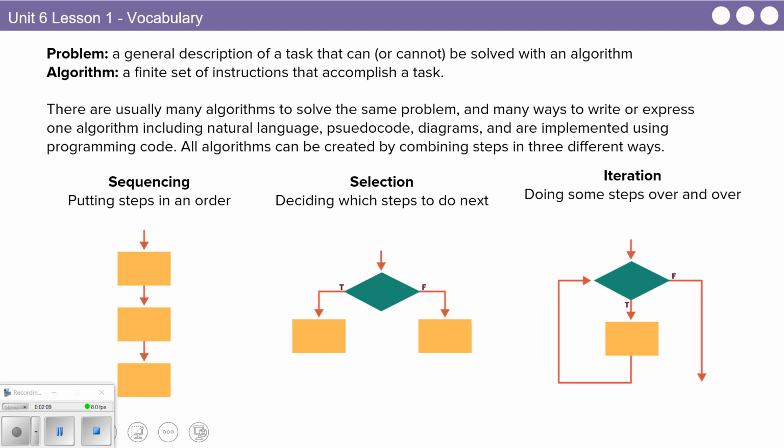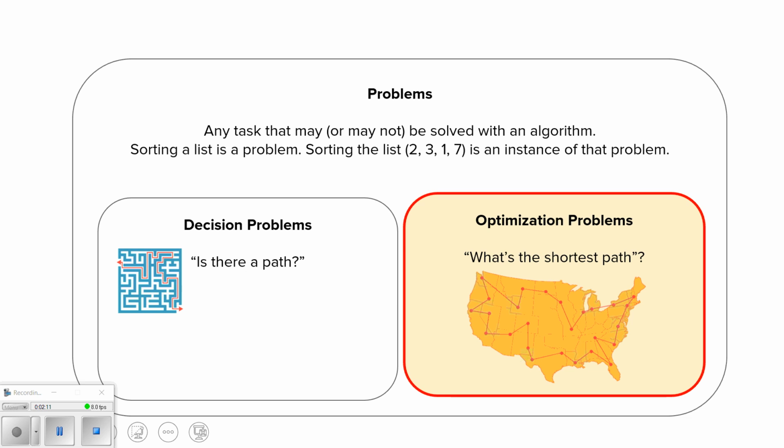With problems themselves, when we discuss problems, there's some more vocabulary. Remember, it may or may not be solved with an algorithm. Some are decision problems like, is there a path? Others are what are called optimization problems, which we will look at later in the unit, such as what's the shortest path. But an example of a problem would be sorting a list.